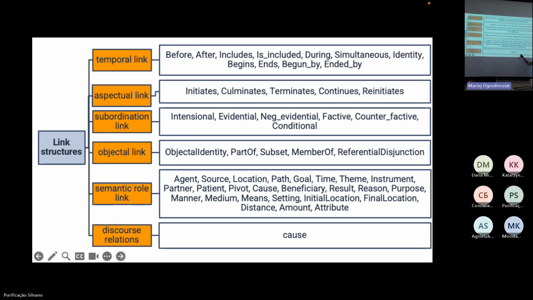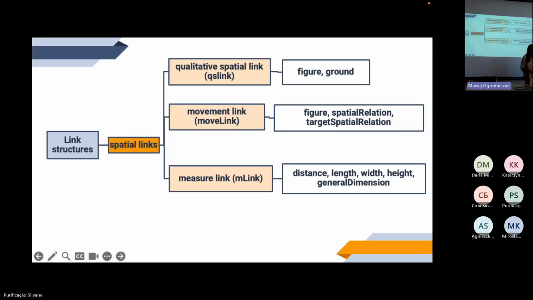Because we want to extract causal relations. And we have a PhD student working only on this. In terms of space, we also have different values that I'm not going to talk about, but these are the relations that we establish. And this is also a very complex annotation, the spatial relation. So this is all the tags, attributes, and values for our annotation scheme.